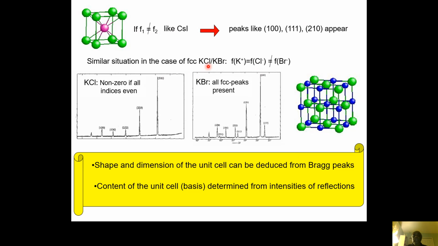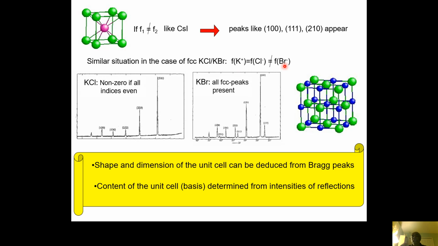So if you consider this potassium chloride and potassium bromide situation, they both are FCC structures. But if you take potassium bromide, the atomic form factors for potassium and bromide are different.